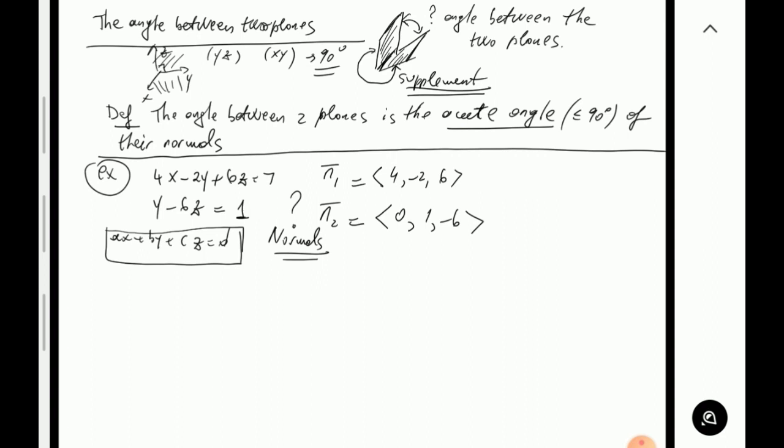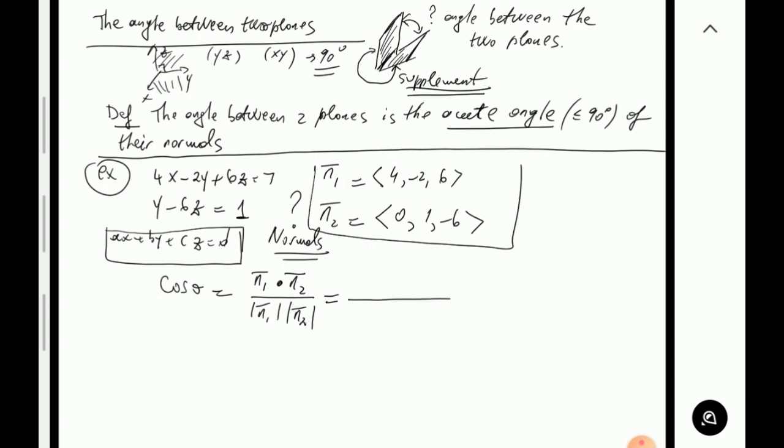Okay, so how do I find the angle between them? Any angle formula. Let's say I'm going to use the cosine formula for the angle between them, which involves the dot product over the product of magnitudes of these normals. So on the top I have 4 times 0 minus 2 times 1 plus 6 times minus 6.